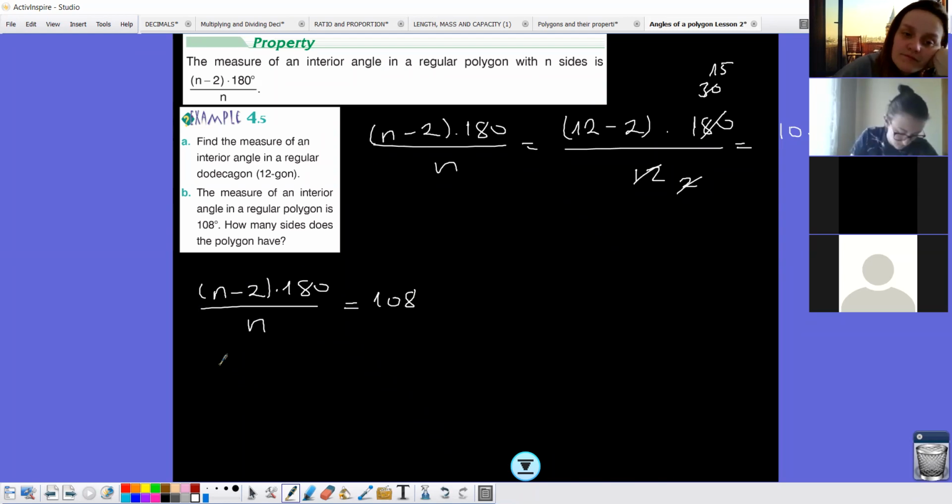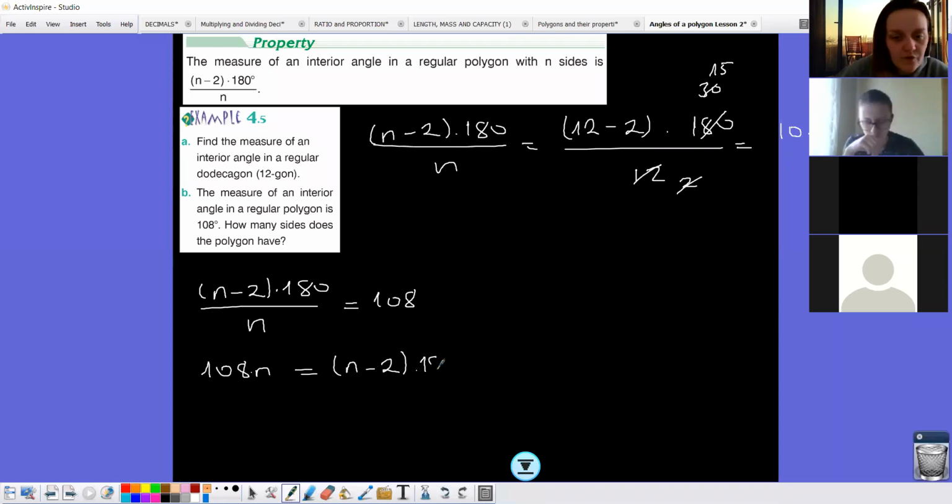Now n times 108, without parentheses you are multiplying, so it is 180 times n minus 2. With cross multiplication, 108 times n is equal to (n minus 2) times 180. We don't have over n anymore, we did the cross multiplication.